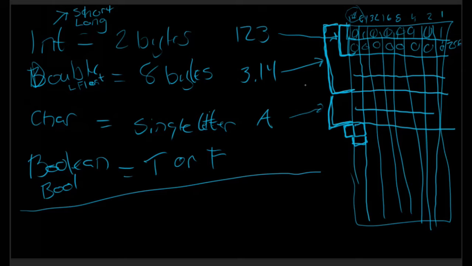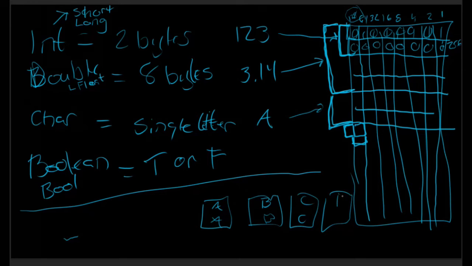Now, there are some other special ones that aren't necessarily a data type. As you can think, if I have a box called box A and another box called box B, and its value is A, and this one has B. So if I have a program, I have to say, what's in box A? Let's say this one's C, this one's D. So I want to spell the word bad, or cab or something like that.